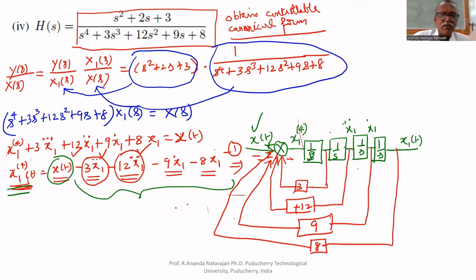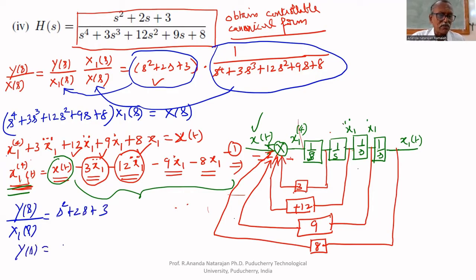Now x1(t) is available. Now take the first equation: Y(s) upon X1(s) is equal to s square plus 2s plus 3. Cross multiply: Y(s) equals s square X1(s) plus 2s X1(s) plus 3 X1(s).